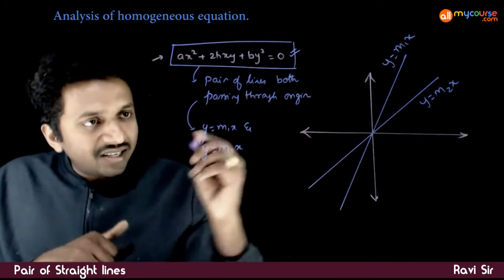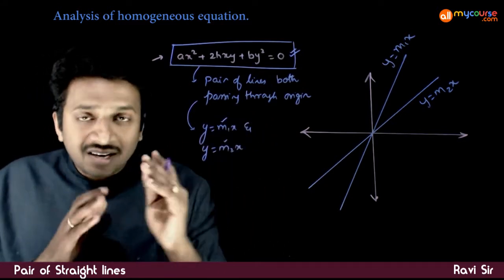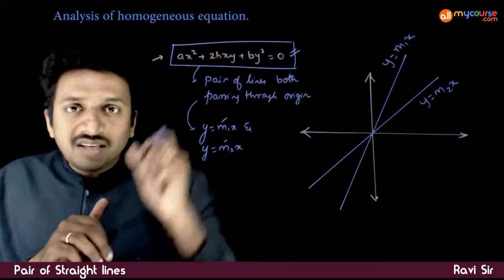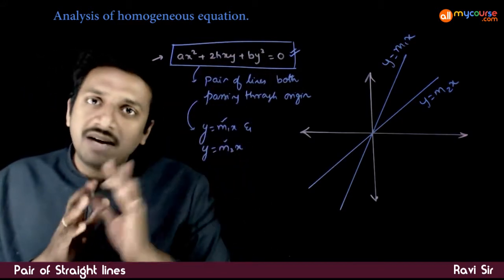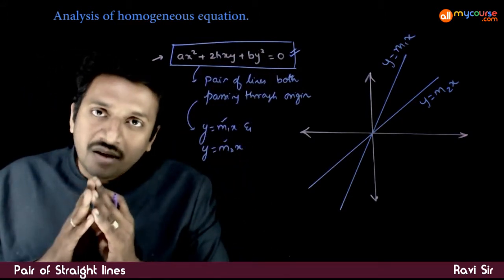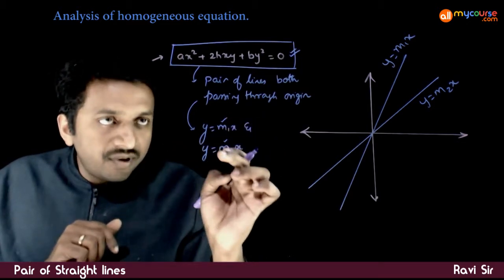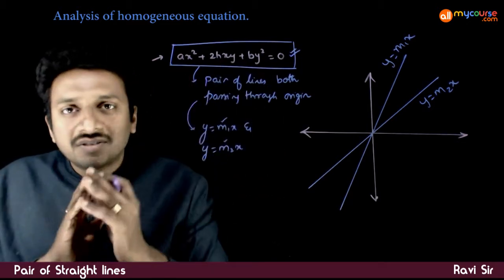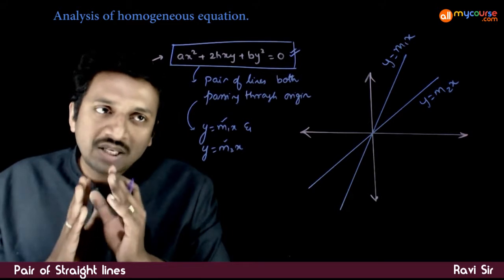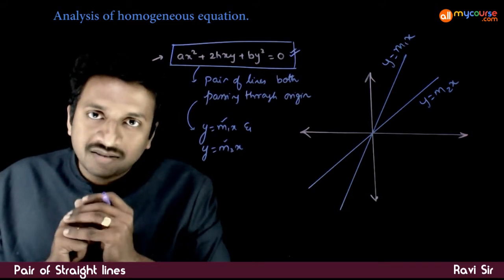That means let us say that the slopes of the lines making this equation are one m1 and the other m2. Now, what is the relation between m1, m2 and the coefficients a, 2h, b? So that's what we are going to analyze.